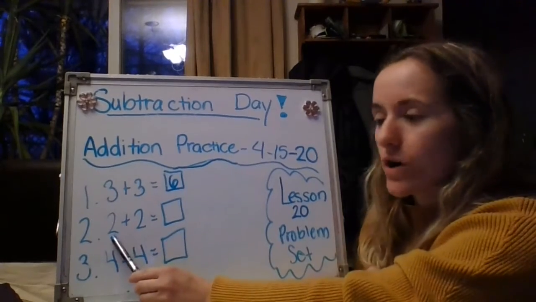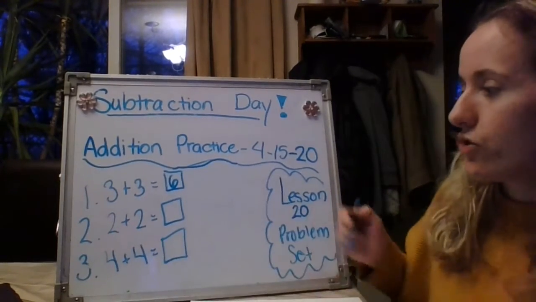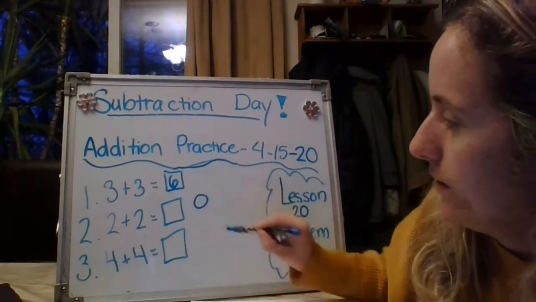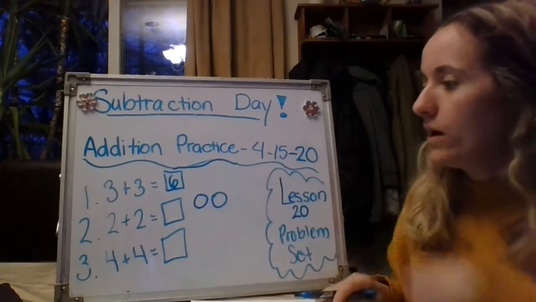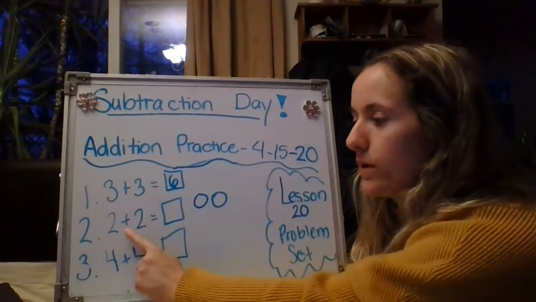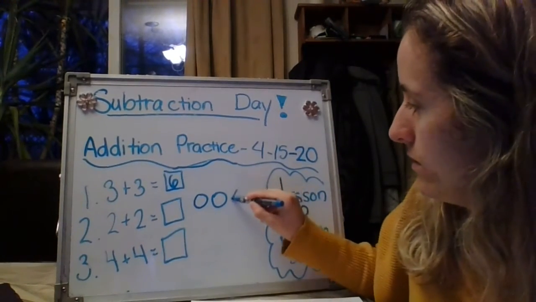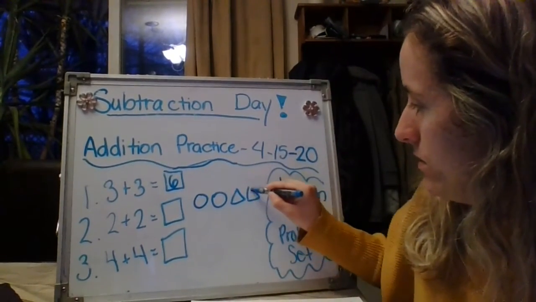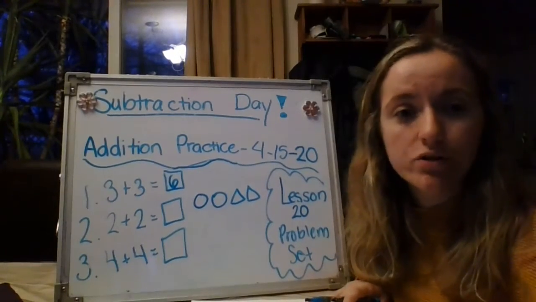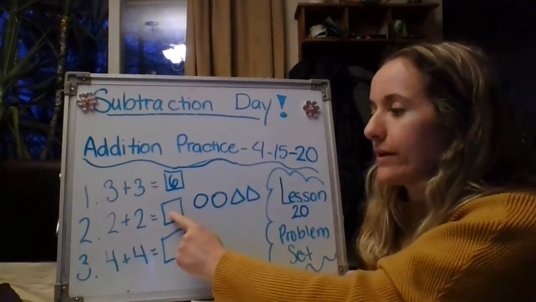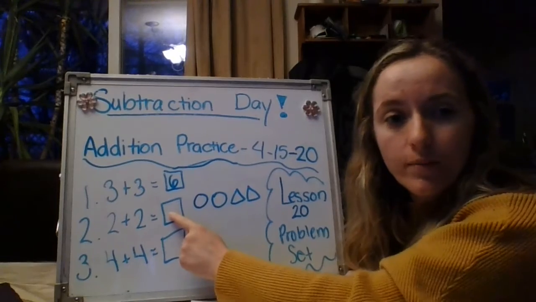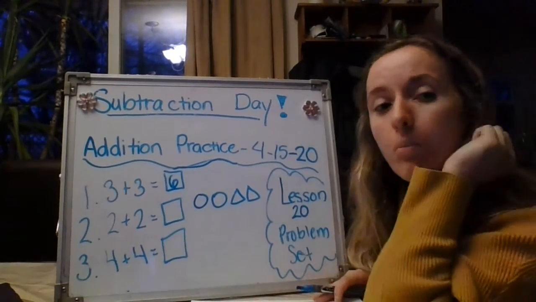I'm going to start with my first number 2. I'm going to draw 2 circles. 1, 2. I'm going to move on to my second number, 2 plus 2. I'm going to draw 2 triangles. Going to figure out what my total is. Can you tell me how am I going to figure out what my total is?